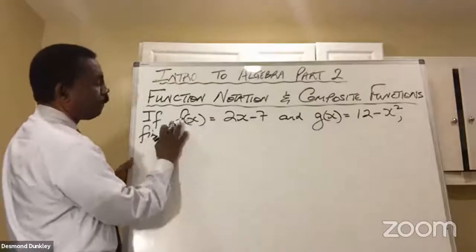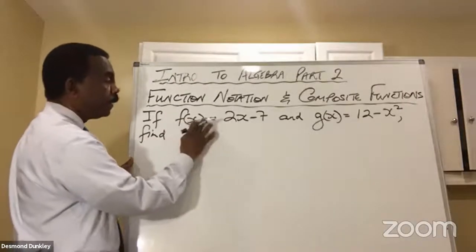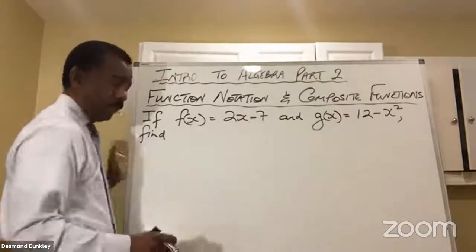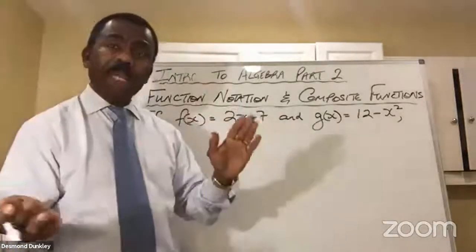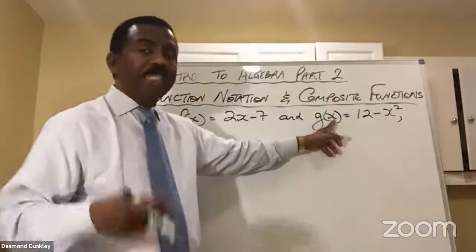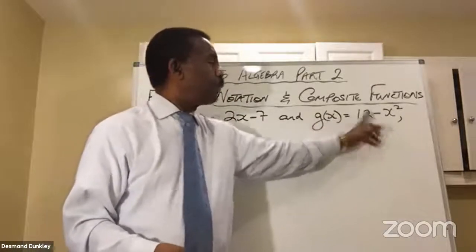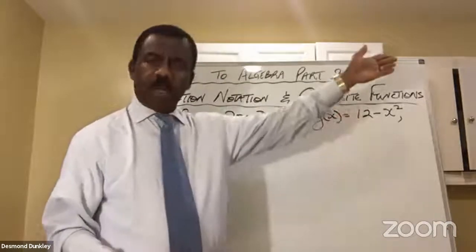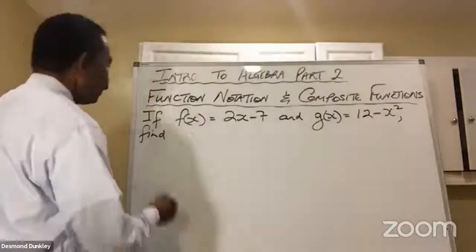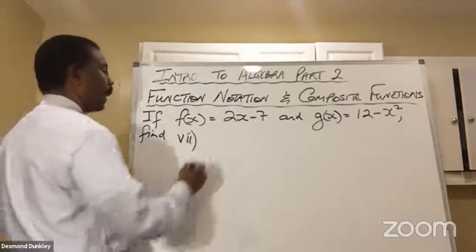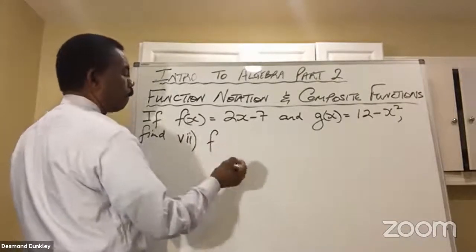So we're saying that f of anything is equal to 2 times whatever it is minus 7. G of anything, x is just symbolic of whatever, is equal to 12 minus whatever is here squared to the power 2.